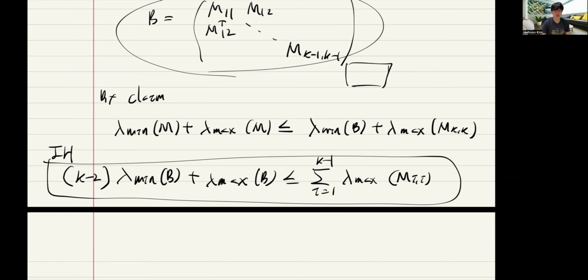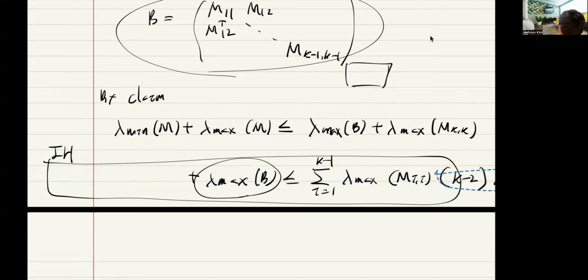Here I wrote it wrong. This is max. So using the induction hypothesis, you can move this one to the other side and subtract it.